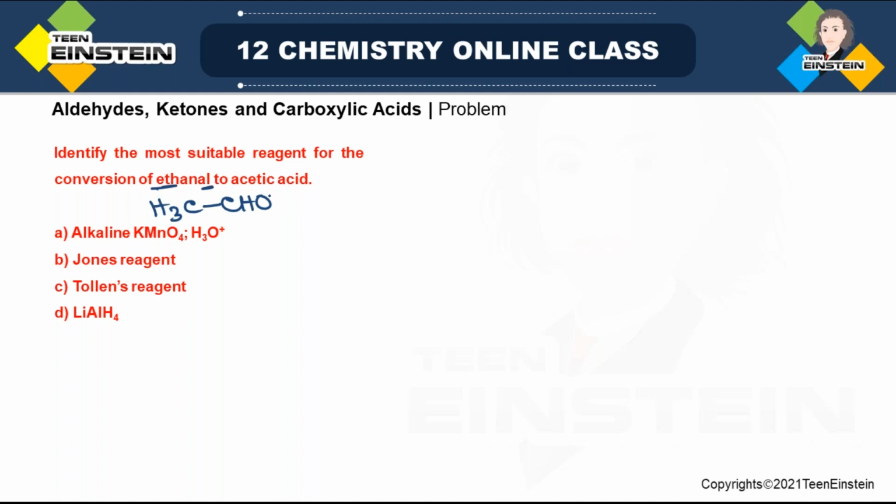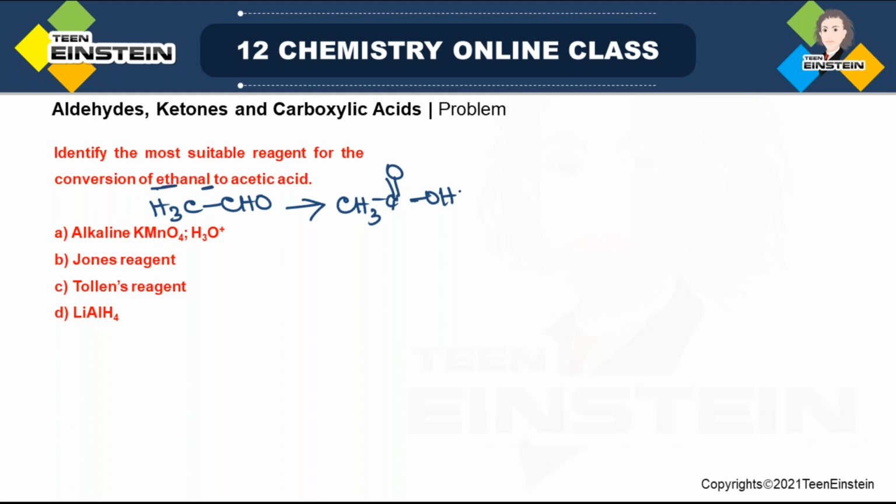Now, we are converting it to acetic acid, which is a 2 carbon carboxylic acid. So from aldehyde, you are trying to prepare carboxylic acid. Same number of carbon: before reaction 2 carbon, after reaction also 2 carbon. So this is an oxidation reaction, oxidation of acetaldehyde to acetic acid.